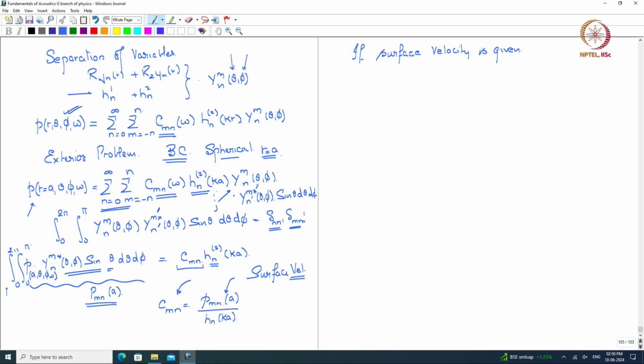then we can find the w dot r comma theta comma phi given by summation n equal to 0 to infinity, m equal to minus n to n, this coefficient at r and the spherical harmonic.